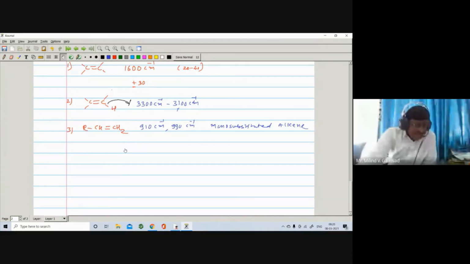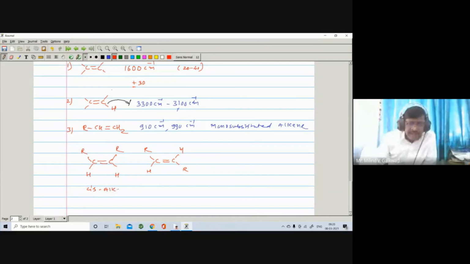Now, suppose it is a disubstituted alkene. Here is a carbon-carbon double bond, and here is an R, here is an R, here is an H, here is an H. And suppose there is also the same thing: here is an R, here is also R, here is an H, and here is an H. It is a cis alkene, and this is a trans alkene.